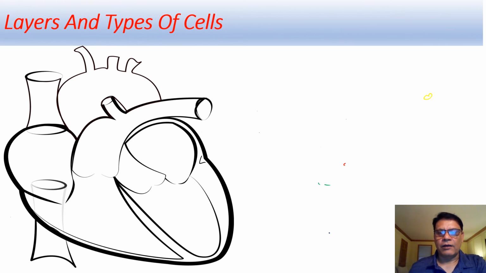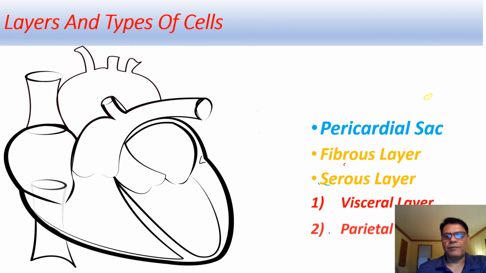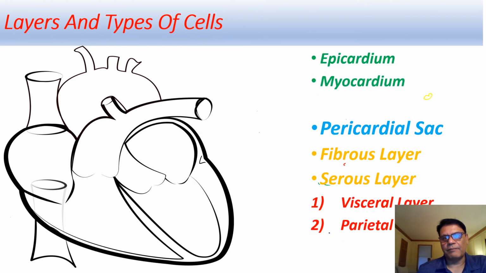Any accumulation of fluid in a short period of time is dangerous, and accumulation of a large amount of fluid over a long time is not so dangerous, because the heart adapts itself to this change. So we discussed the pericardial sac, fibrous layer, serous layer, visceral and parietal.